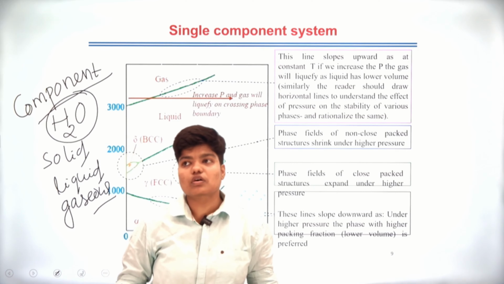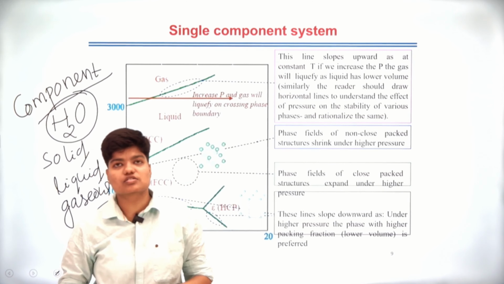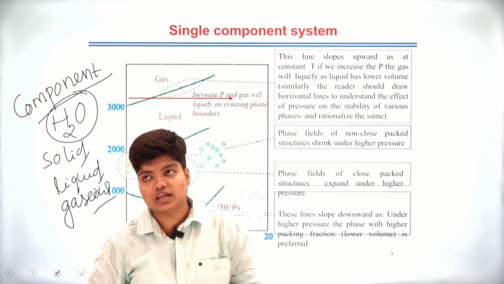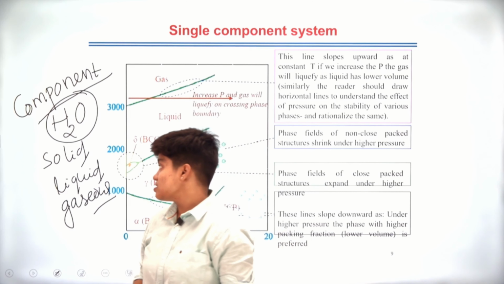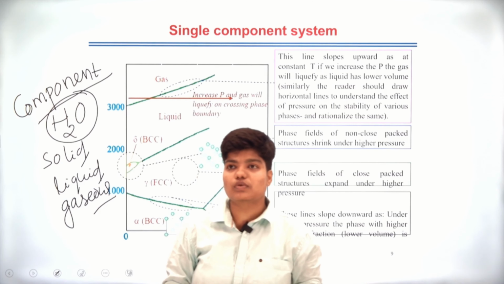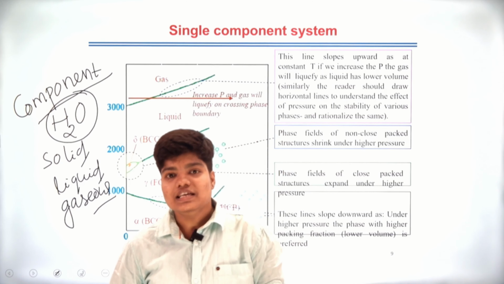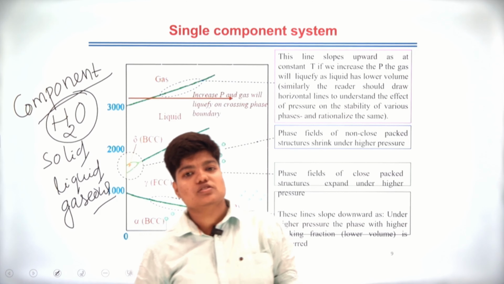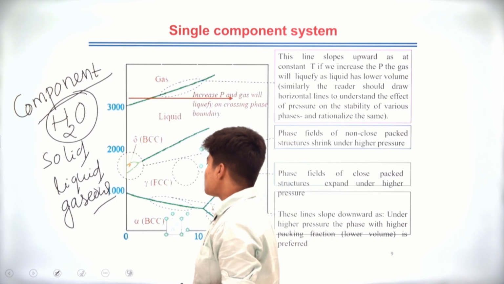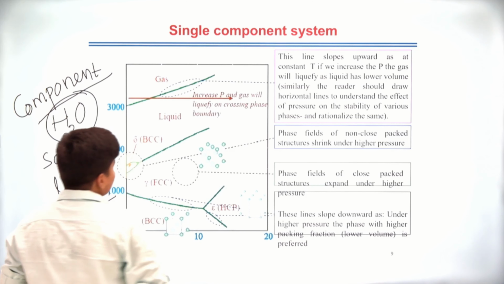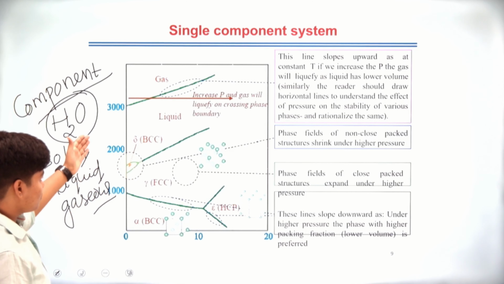Similarly, we also have the binary system, which has two components. In further classes we'll discuss binary systems, what the phases are, and how they change on applying temperature and pressure. Now, for a single component system, this is the temperature pressure graph.